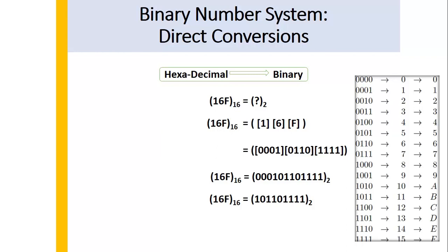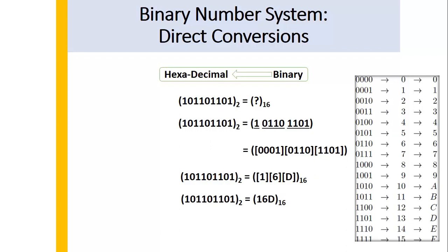The binary equivalent is 0001 for 1, 0110 for 6 and 1111 for F. When we combine it together, it becomes 0001 0110 1111, and the zeros on the left hand side don't carry any value. So the binary equivalent of hexadecimal 16F is 101101111.